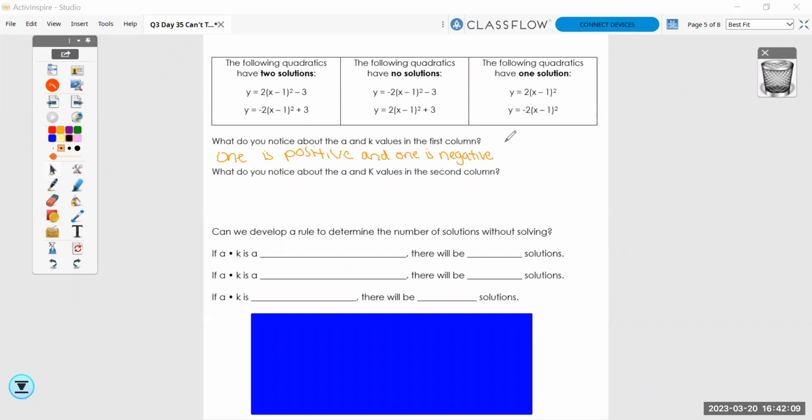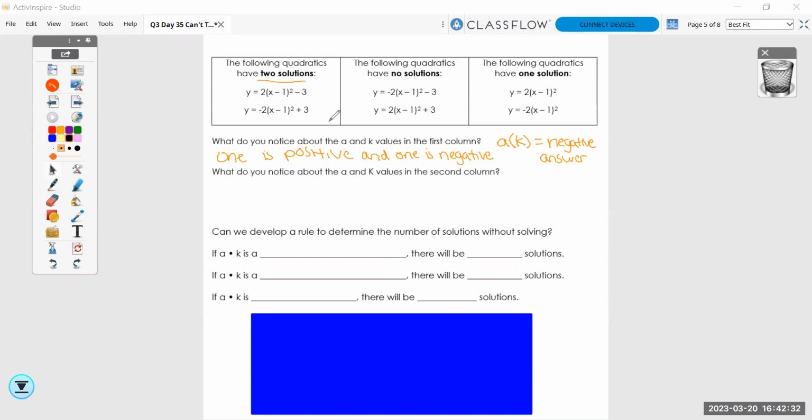So that means when you multiply your a times your k, you end up with a negative answer. That's what happens when we have two solutions.